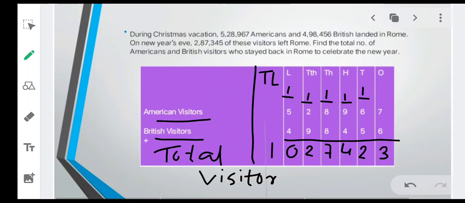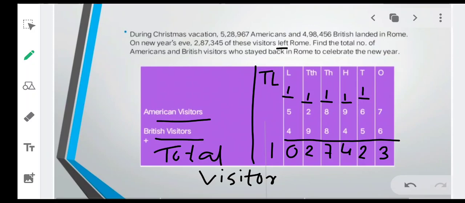But what is our next step? On New Year's evening, 2,87,345 of these visitors left Rome. So when they left, that means we are going to subtract.